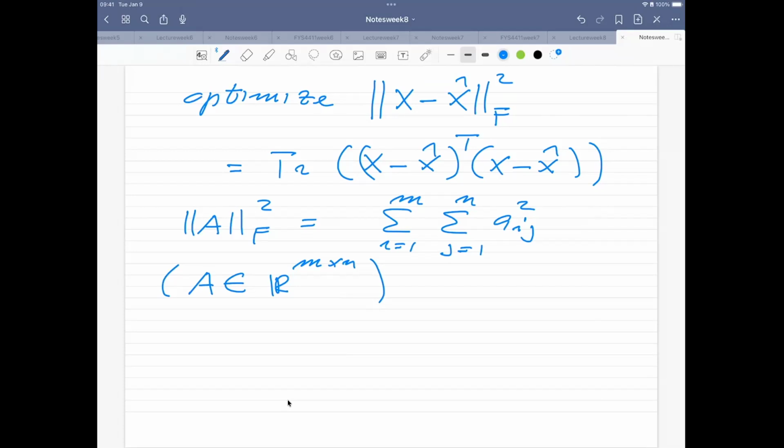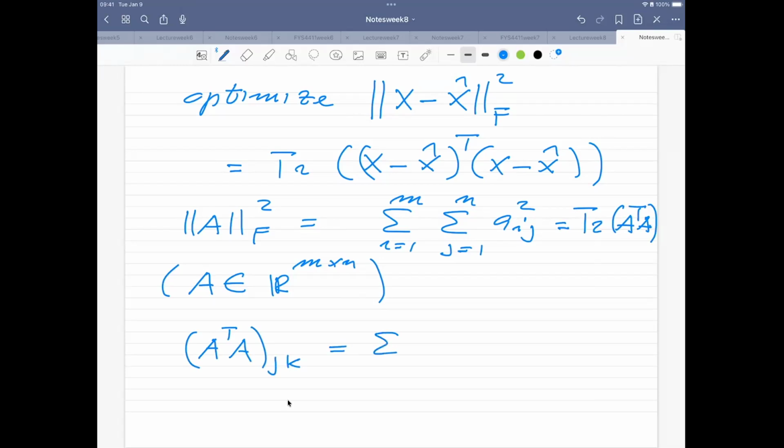So let me just remind you of why this beautifully turns out to be the trace. This is just a small mathematical detail. If you look at the Frobenius norm, suppose I now take A transposed, actually this quantity is the same as the trace of the matrix transposed times A. So let's look at this quantity here of a matrix, and we just look at the matrix elements jk.